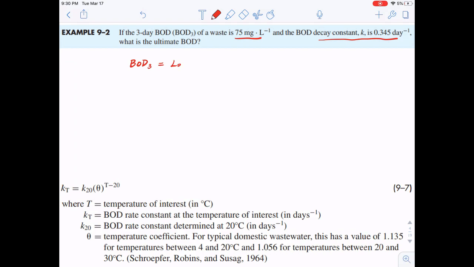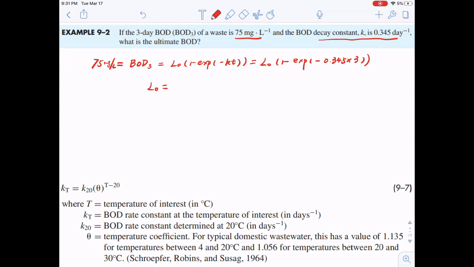We can use the equation that BOD3 is equal to L0 times 1 minus exponential of minus kt. So that's going to be L0 times 1 minus exponential of minus 0.345 multiplied by 3, and the 3-day BOD is equal to 75 milligram per liter.